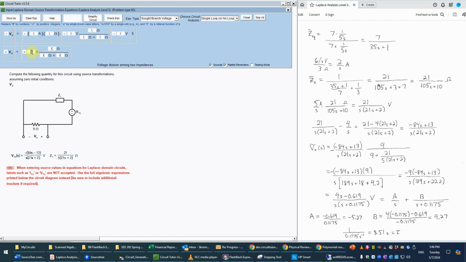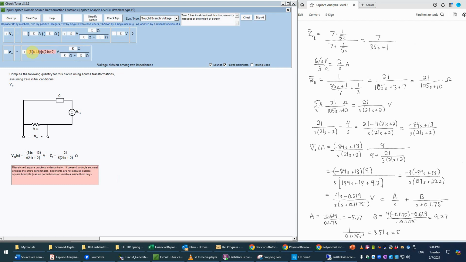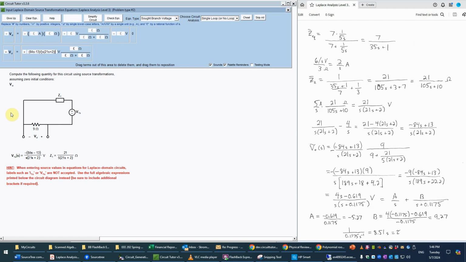That way it's an easier way to do it. So we'll go parentheses here, 84s minus 13, close parenthesis, and now put in the denominator, which again needs the square bracket for the product of terms, s times 21, oops, sorry, I got too many parentheses, 21s plus 2, close parenthesis, close bracket. So there's our source value with the minus sign incorporated.